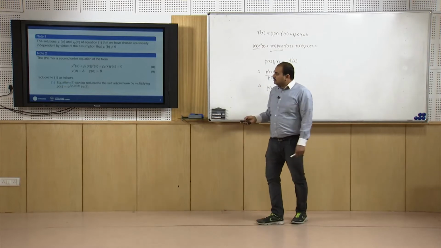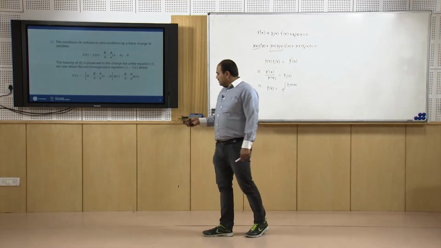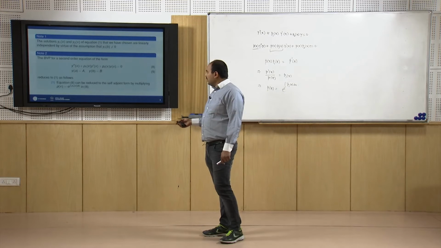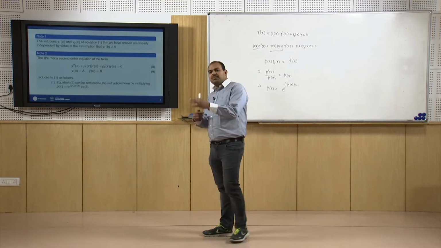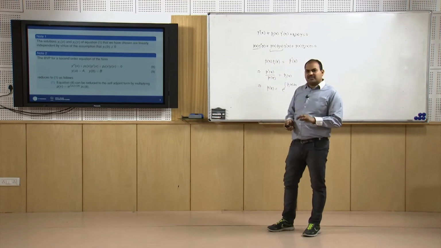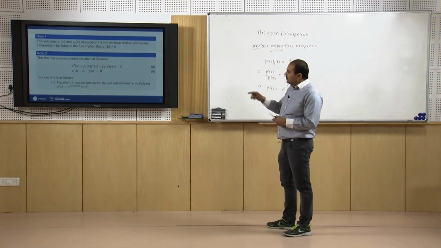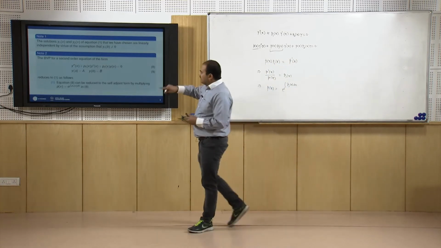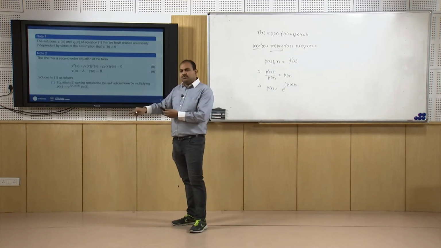Now the second thing: the condition 9, meaning y(a) = A and y(b) = B, we want to make into a zero condition. For that we take a linear transformation which takes the points capital A, capital B to 0, 0.